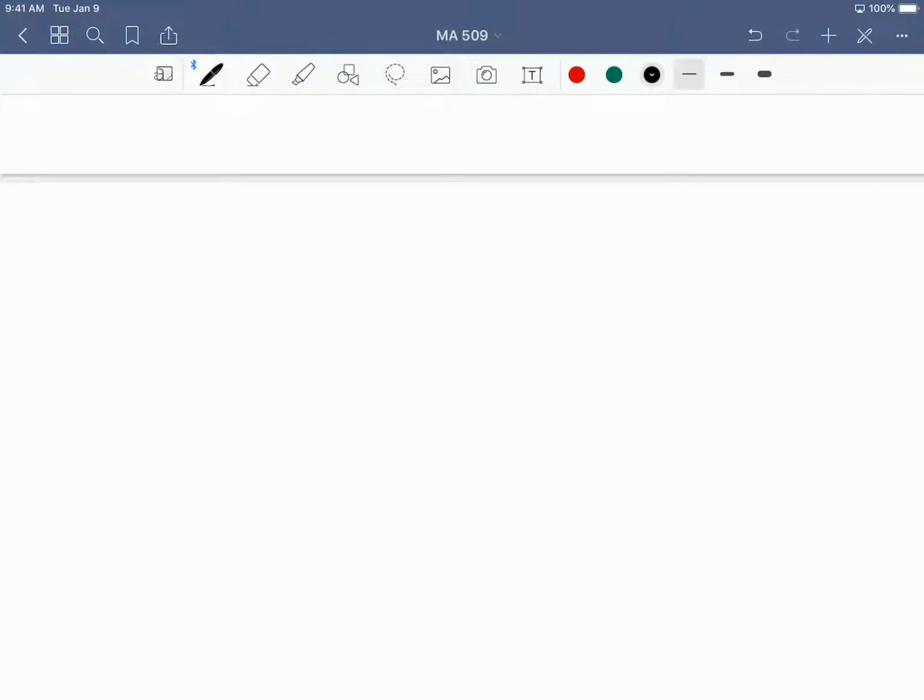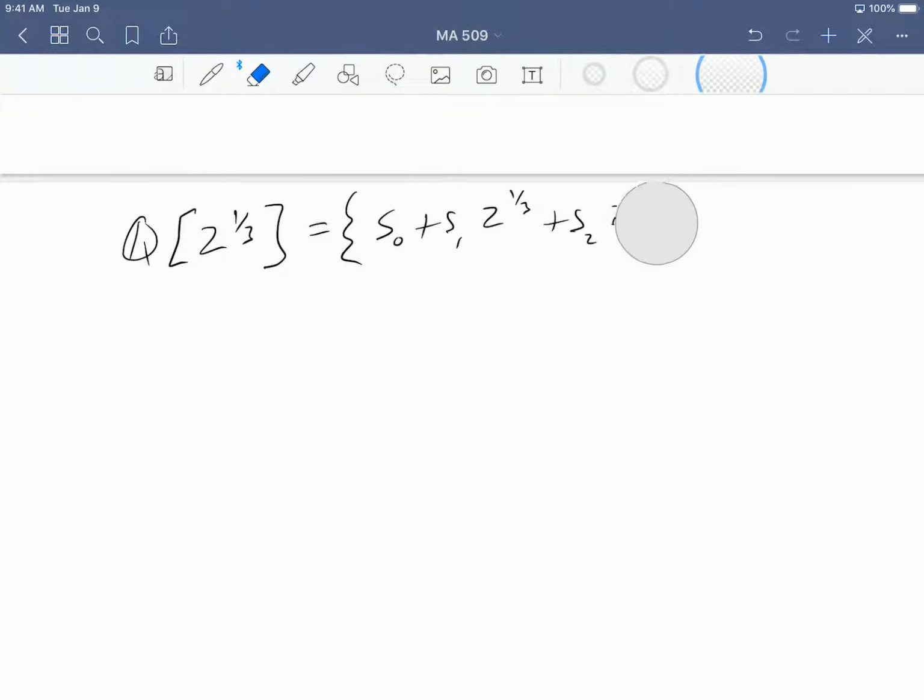What if we do Q adjoin 2 to the 1/3, so a cube root of 2 this time instead of a square root of 2. So now again, my definition says I need all these polynomial expressions using powers of 2 to the 1/3, and maybe I should write this as 2 to the 1/3 squared.